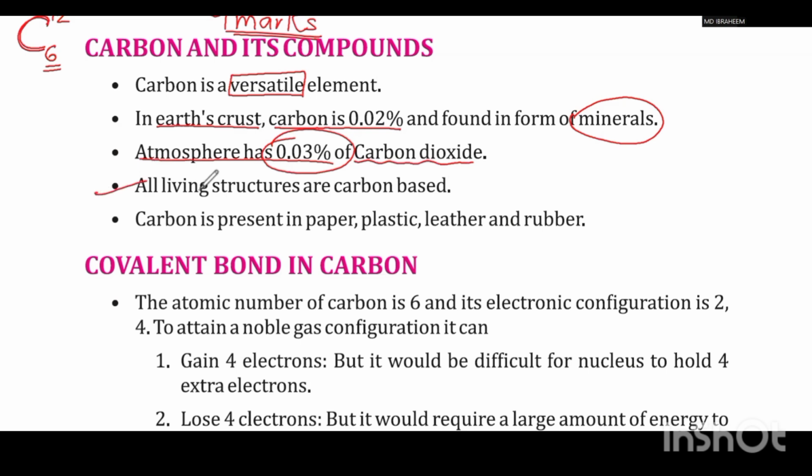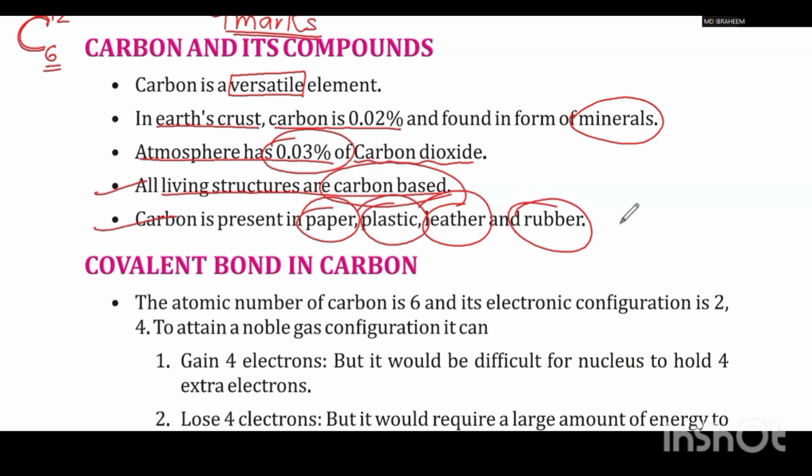And the fourth important point is that all living structures, it means you and I, everyone, are composed of carbon, or all living structures are carbon-based structures. Another important point, my dear students, is that carbon is present in paper, plastic, leather, rubber, and many other things that you can think of.